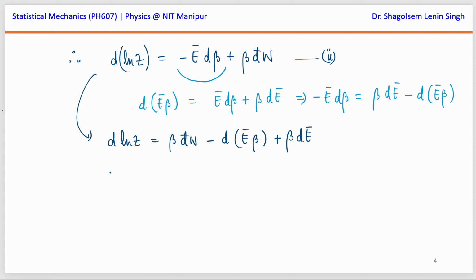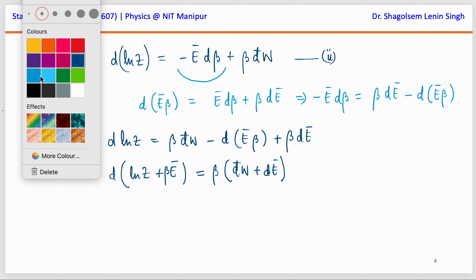What are terms which we can group together? You see, differential of this log of z, and take this on the left side, and we have plus beta E bar. Okay, and what is on the right side? We have beta in common, so let's just take beta, this plus.